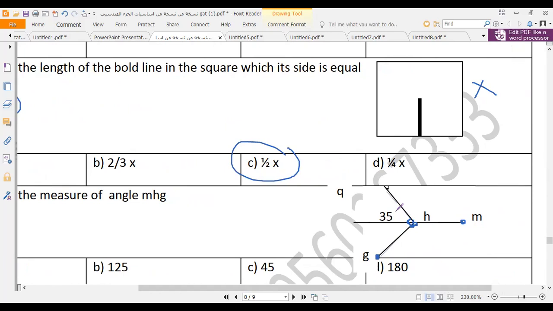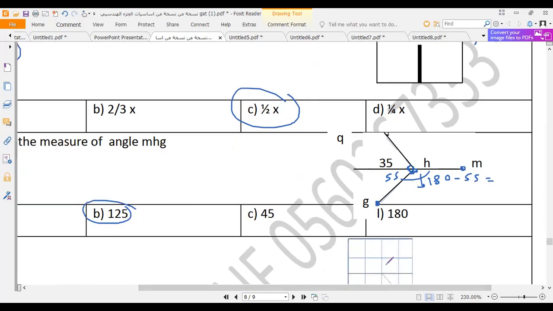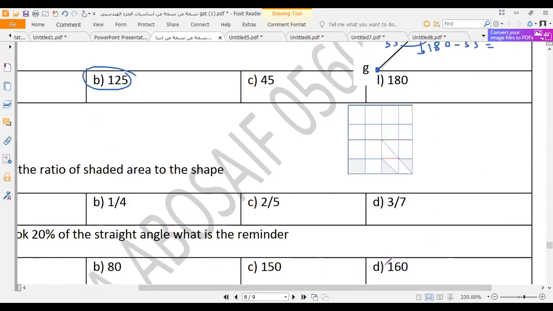So a part of the right angle is measured by 35 here. So this must be 55. To find this angle, I will subtract 180 minus 55. Okay, you got 125. So this is the way how I will solve the question.